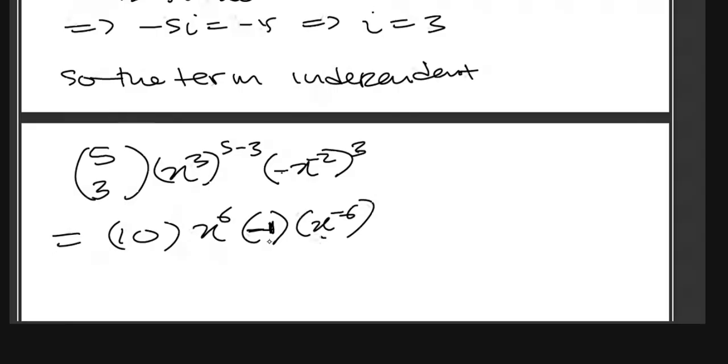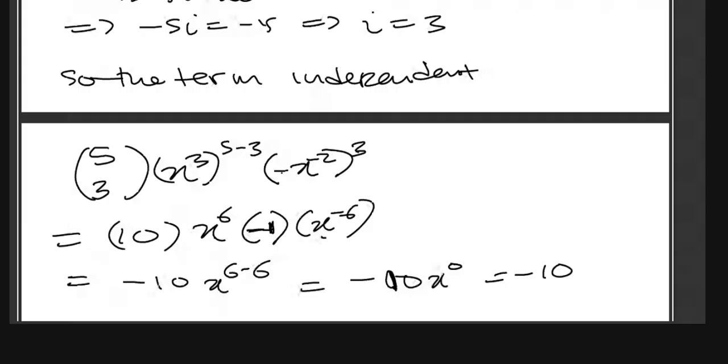Now what will happen is that x to the power 6 multiplied by x to the power negative 6 is x to the power 0, but the negative will be there. So it will be negative 10 x to the power 6 minus 6, which will be negative 10 x to the power 0, which will just be negative 10.